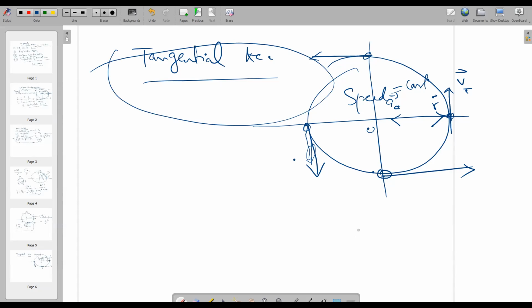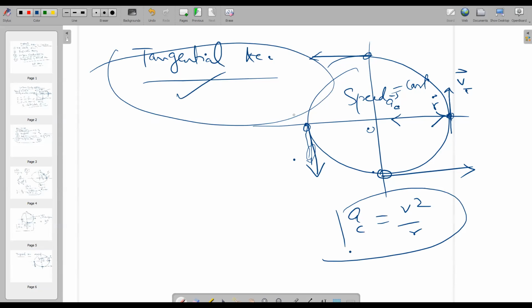Then we are not using AC is equal to V square over R. This formula is valid only when speed is constant and direction is changing. But if speed and direction both are changing, then we will use the tangential and radial acceleration combination. We will discuss all these things in the next lecture.